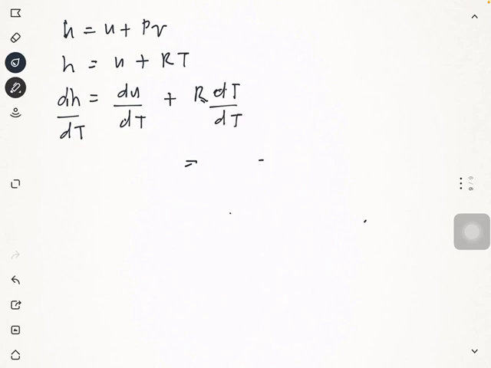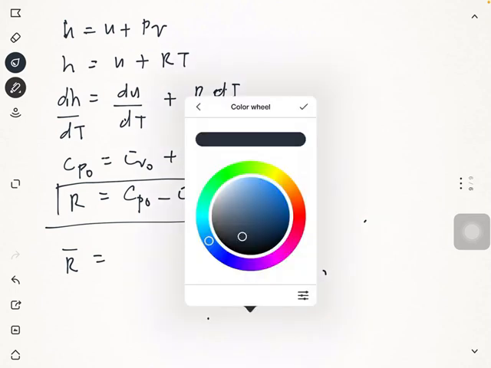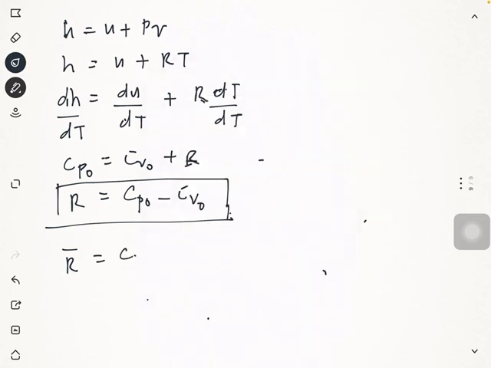Okay, and this is Cp0 equals Cv0 plus R, so our R is equivalent to Cp0 minus Cv0. Considering the number of molecules, or in molal basis, we have R bar equal to Cp0 bar minus Cv0 bar.